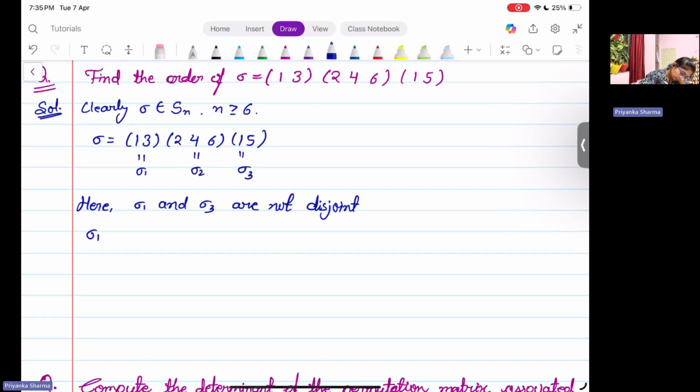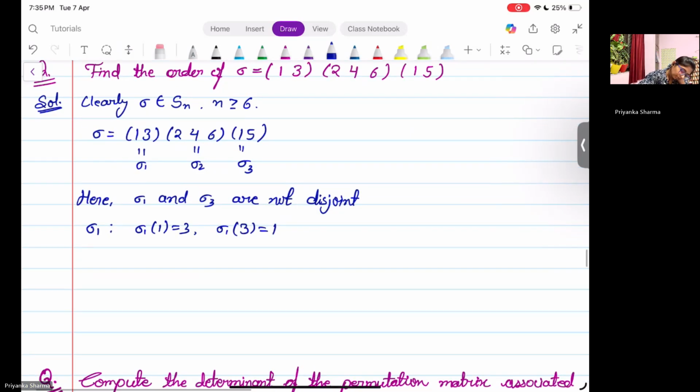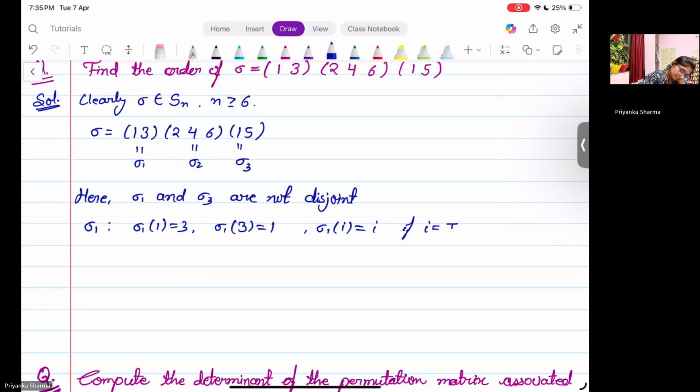Because for sigma 1, 1 is mapped onto 3 and 3 is mapped onto 1, or write it as sigma 1 of 1 is 3 and sigma 1 of 3 is 1. And sigma 1 of i is i if i is in I_n minus {1, 3}.